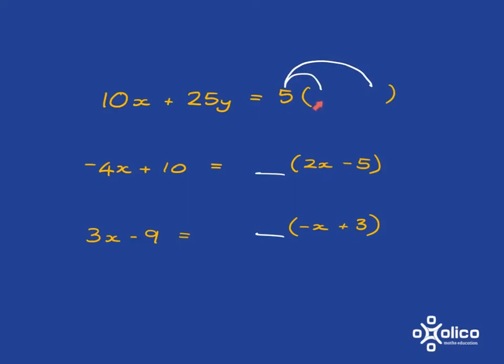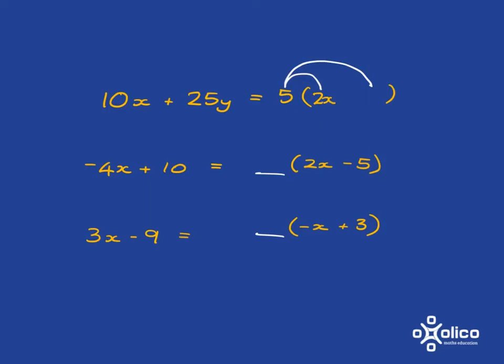So 5 multiplied by this first term has to give me 10x. We can think of it as saying 5 times what gives me 10x, and hopefully that's easy, 5 times 2x gives you 10x, or otherwise, because multiplication and division are related to each other, you could just say 10x divided by 5, which is 2x. And so you get your answer here of 2x.